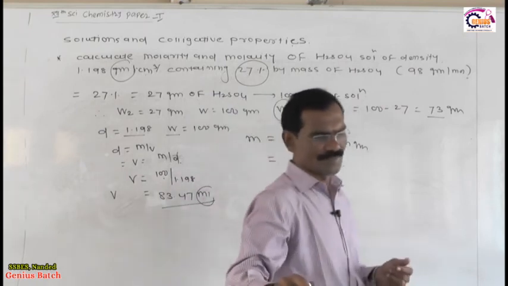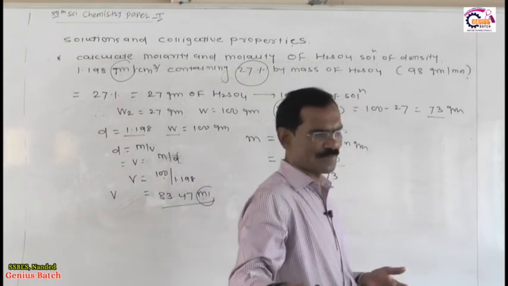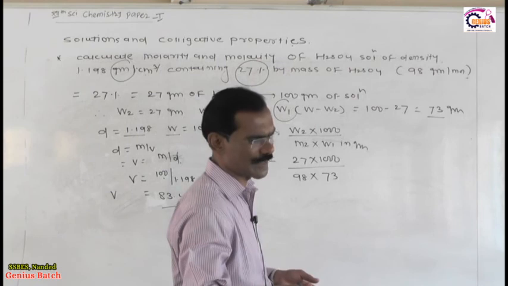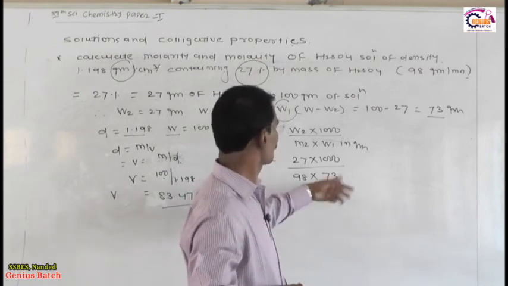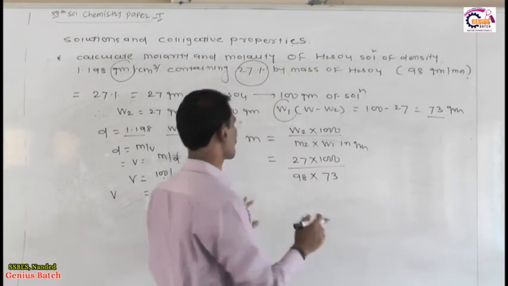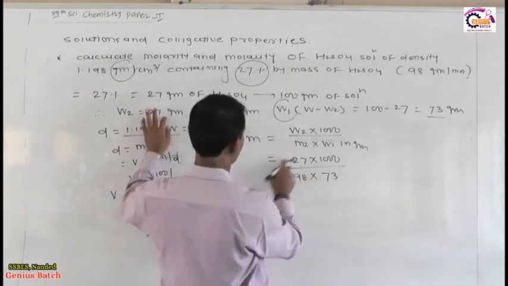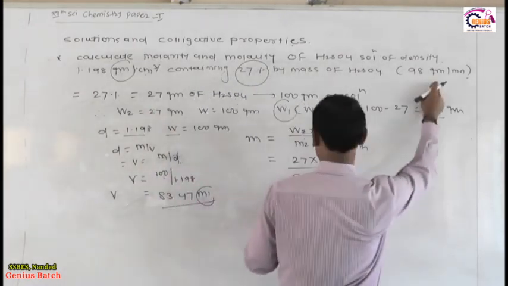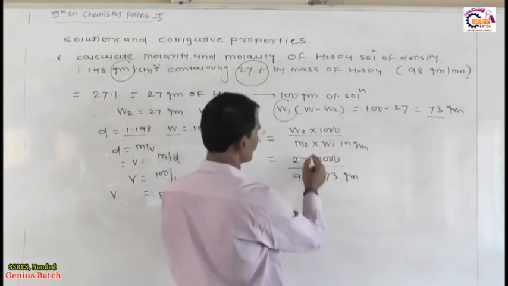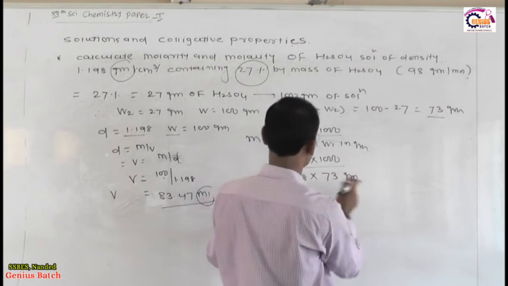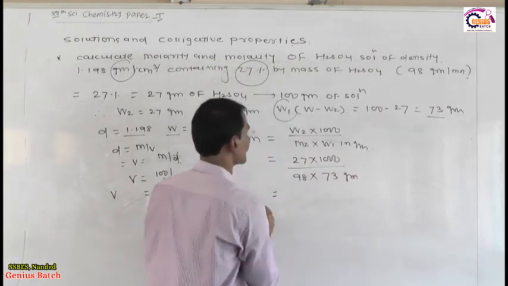This is very simple. The unit of 27 is gram, of 98 is gram, and of 73 is gram, so gram gets cancelled, but this is 1000 by gram.